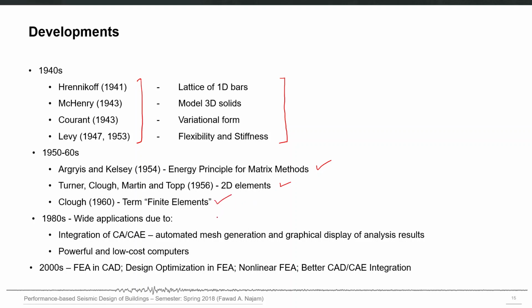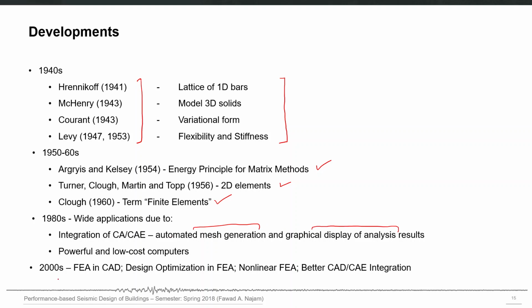In the 1980s, with the development of computing tools, there was a wide range of applications of finite element analysis, and this method was integrated with computer-aided engineering with two of the most powerful computing tools, which are automated mesh generation and the graphical display of analysis results and models.